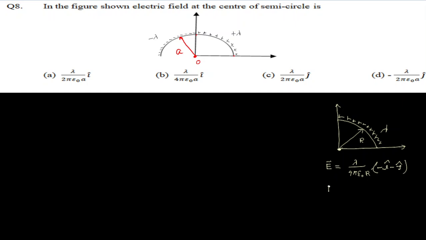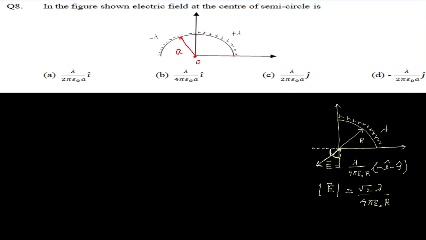When you calculate the magnitude, we have noticed that the magnitude will be root 2 times lambda divided by 4 pi epsilon naught r. And the direction will be, since the source charge is positive, the electric field will be along this direction. So it will make 45 degrees with the negative x-axis, and also 45 degrees with the negative y-axis. Okay. So in this case also, we can use this result directly because it's a uniform charge over this length.